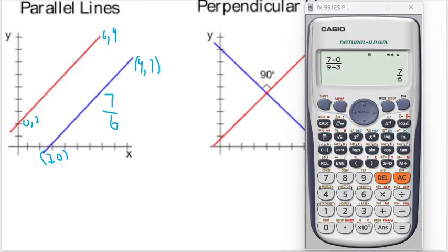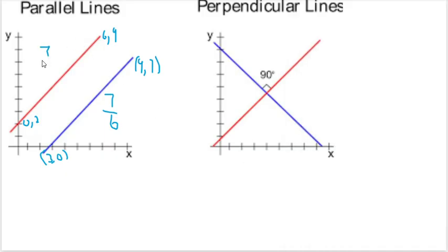Now the red one: 9 minus 2 all over 6 minus 0, which gives us the same, 7 over 6. So when the lines are parallel to each other, the gradients are equal.